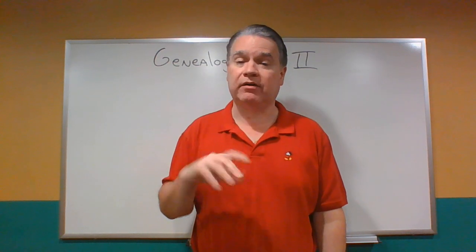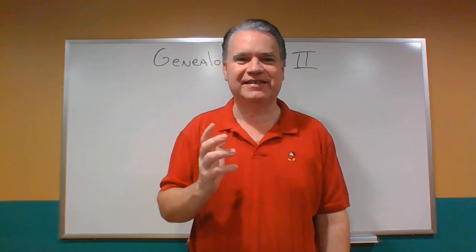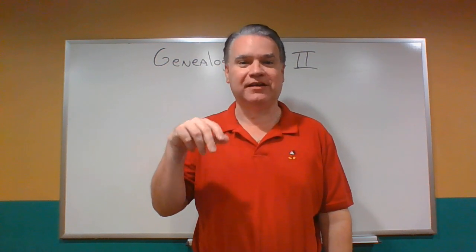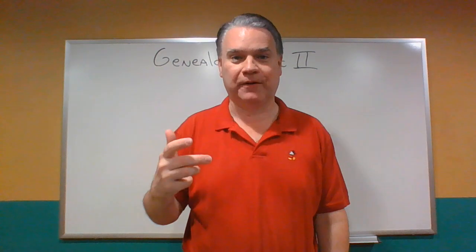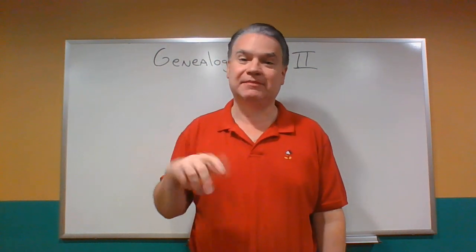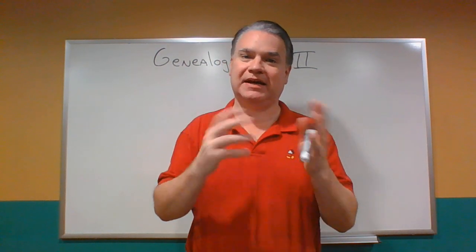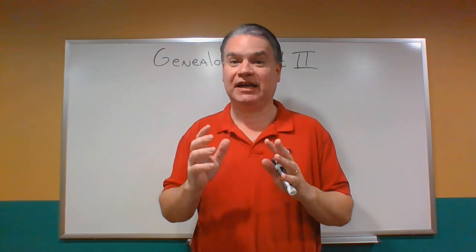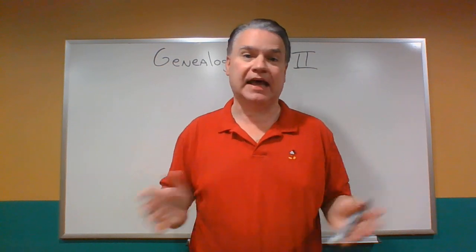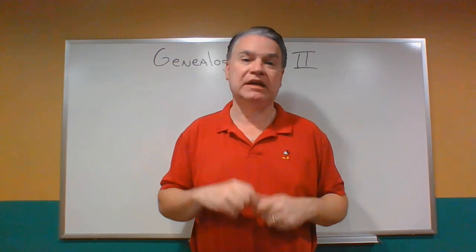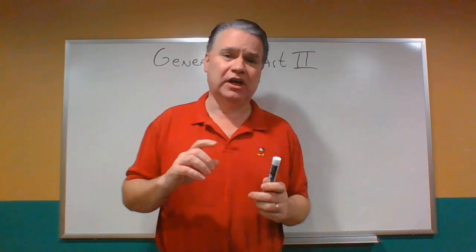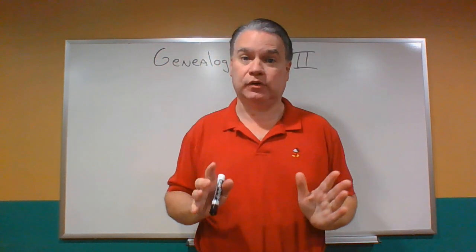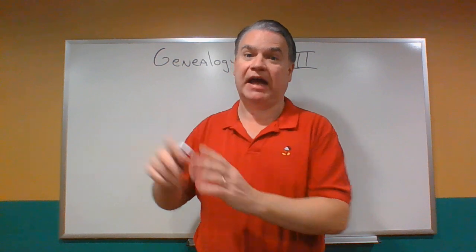But be aware that not all hints are actually the person that you're looking for. Lots of times the hints are somebody else. This document's interesting. It could be this person, but it turns out it's not the person you're interested in. So even the hints can be mistaken. So just don't assume that the hints are absolutely correct and that this is in fact your family.